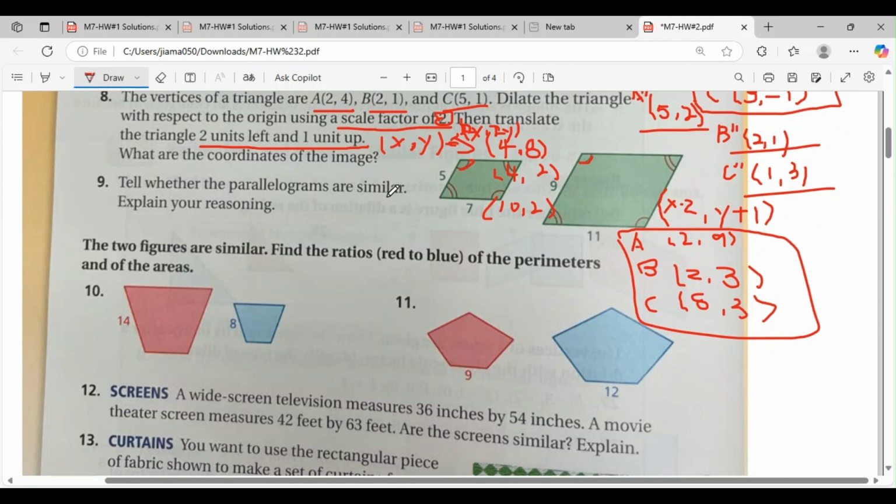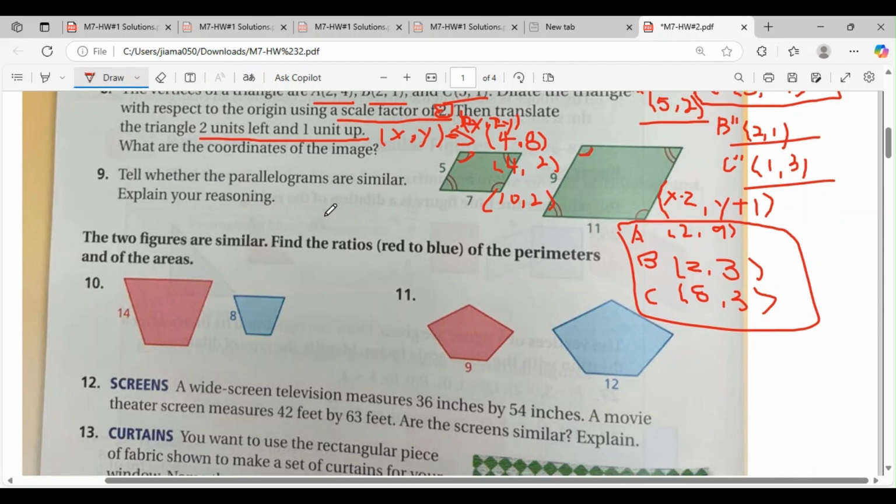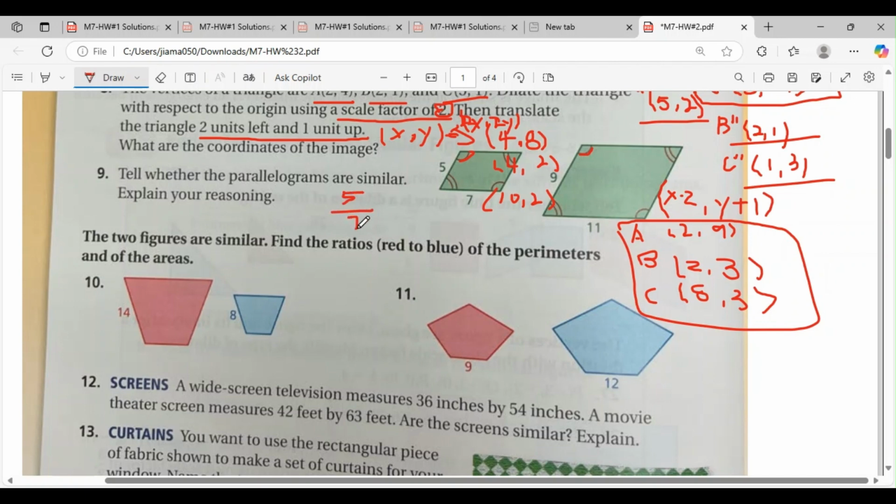Okay, let's check if they are similar. We can write 5 divided by 7, an equal sign, and 9 divided by 11.